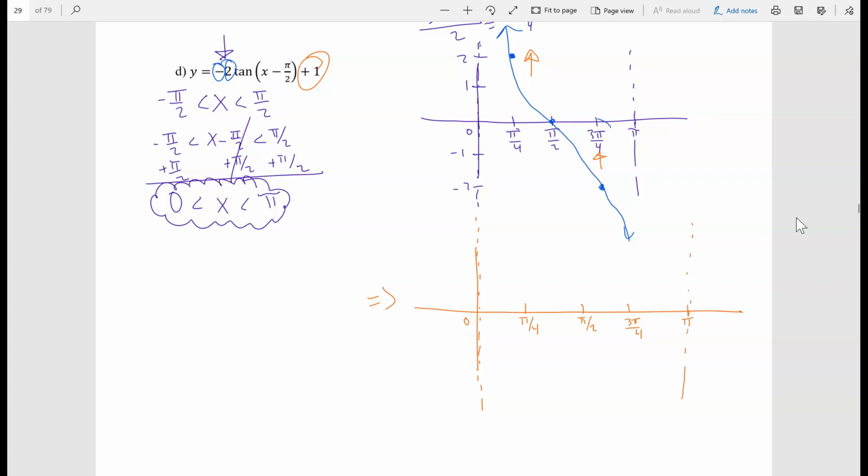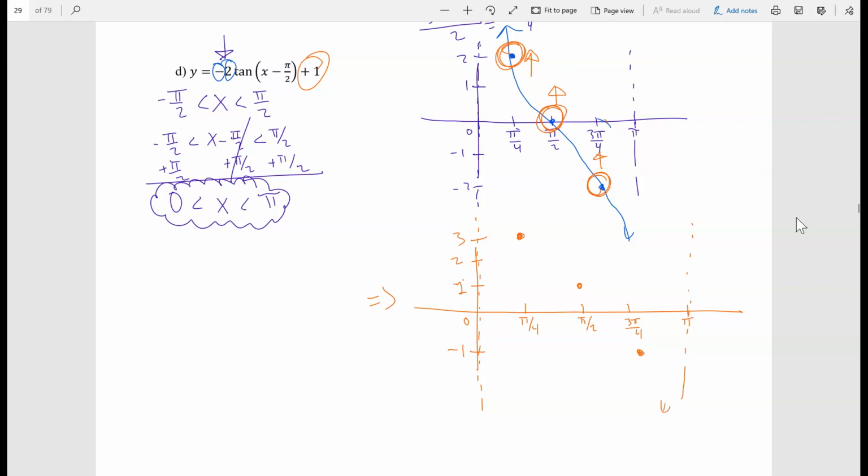Everything is going to be shifted up 1 unit. This one was at 2; shifting it up 1 unit, it's now at 3. This one was at 0; shifting it up 1 unit, now I'm at 1. This one is at negative 2; shifting it up 1 unit, I'm at negative 1.